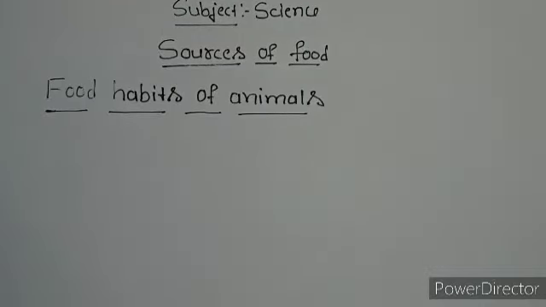Students, today in this class I am going to teach you food habits of animals. Humans are dependent on both plants and animals to meet their food requirement. Like that, animals are also dependent on both plants and animals to meet their food requirement.